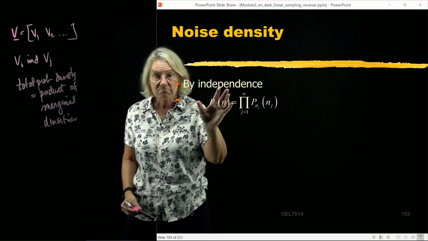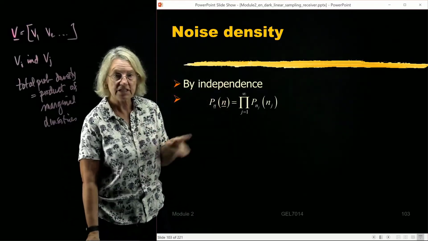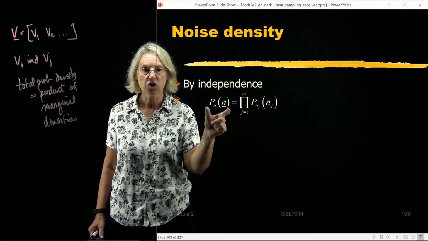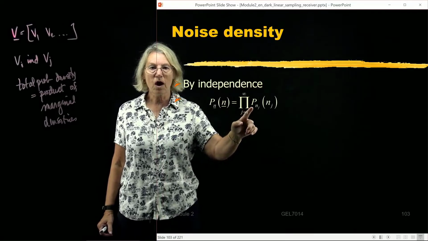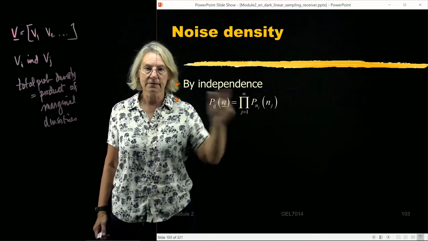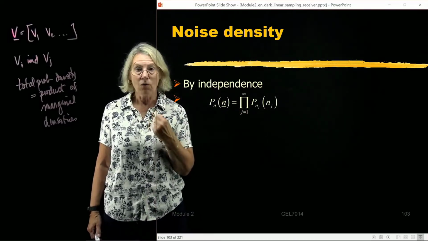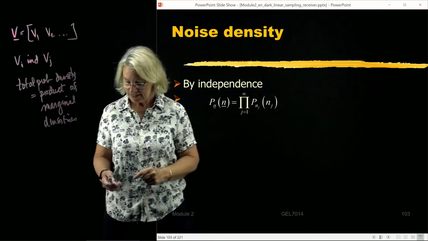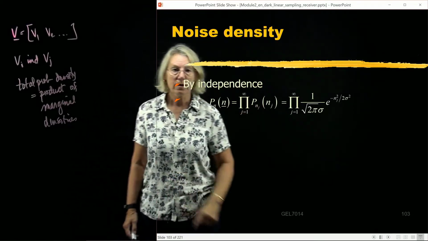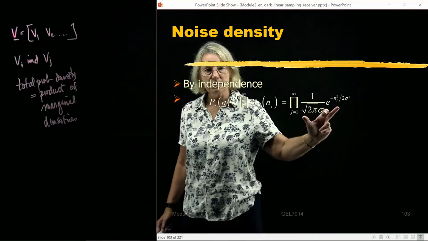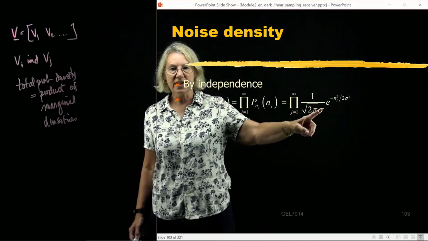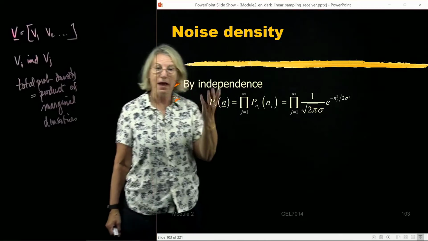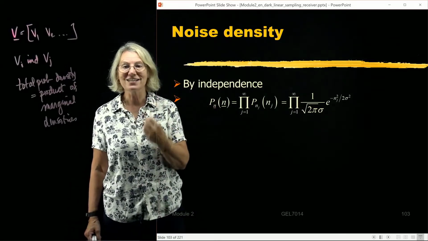Now I apply it. The independence of my particular noise vector means that the density function of the whole vector is equal to the product of each one of the densities. Now each one of these densities, I know, is a zero mean Gaussian variable. So here is the density for a single Gaussian random variable. Not only are they independent, but they're also identically distributed.